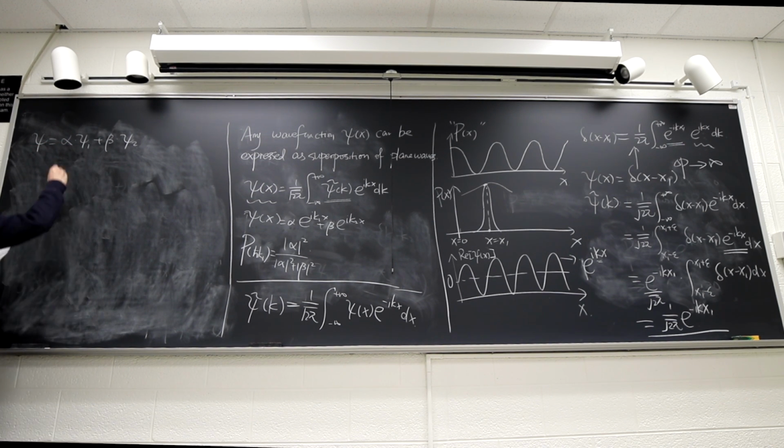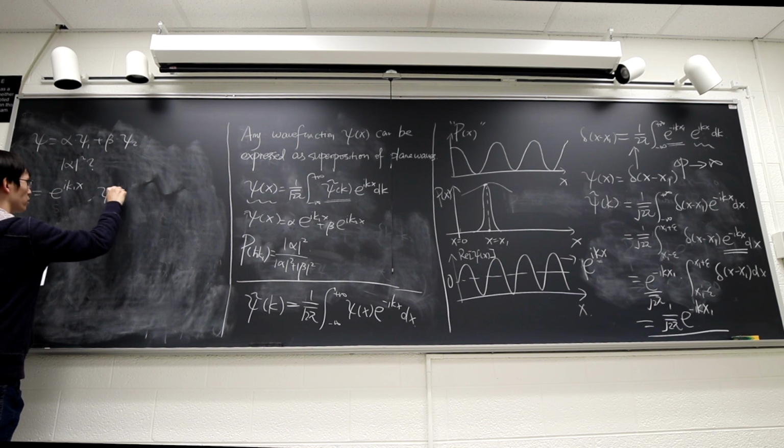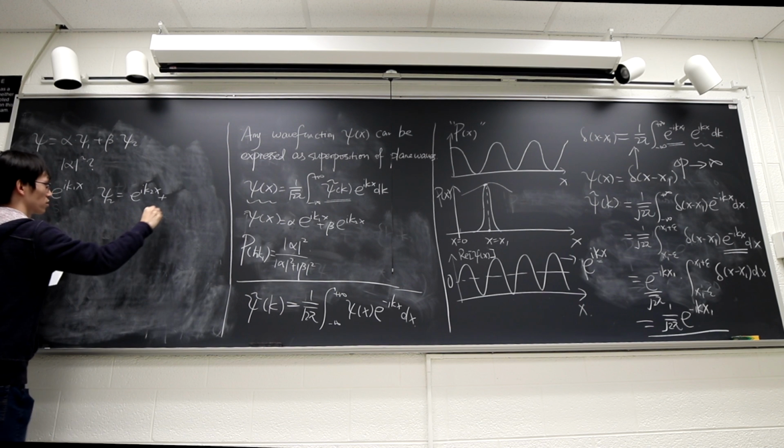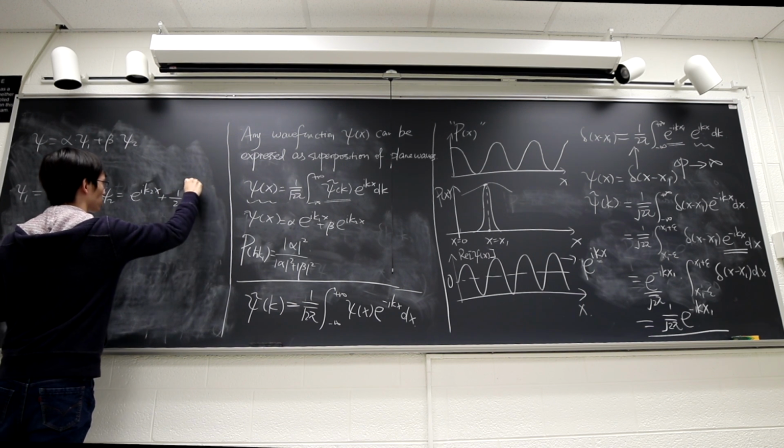Is it alpha squared? Actually, no, you cannot say that. I can give you an example. If psi 1 is e^(i k1 x), and psi 2 is e^(i k2 x) plus, let's say, half e^(i k1 x).